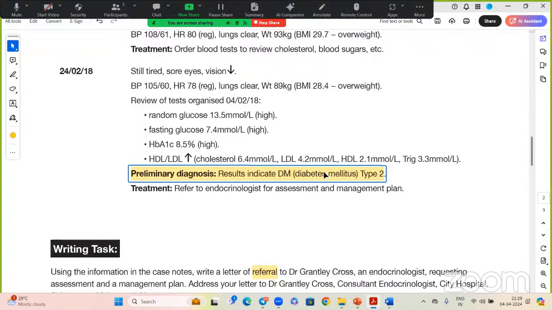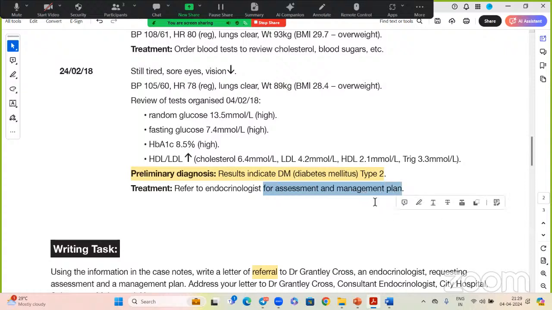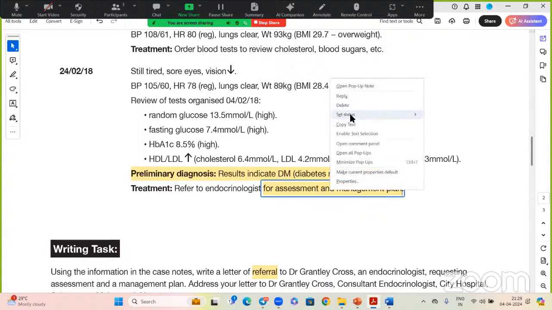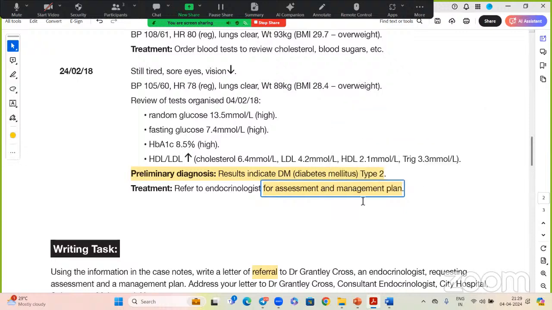Next, what else can you do? They are referring to the endocrinologist for what? For assessment and management plan. You are writing, okay, treatment, refer to an endocrinologist for assessment. This is called the purpose. Copy text. Treatment, purpose, refer. Referring for what?